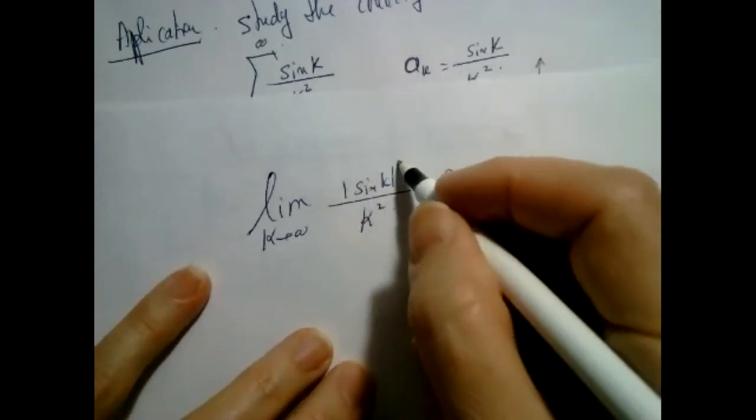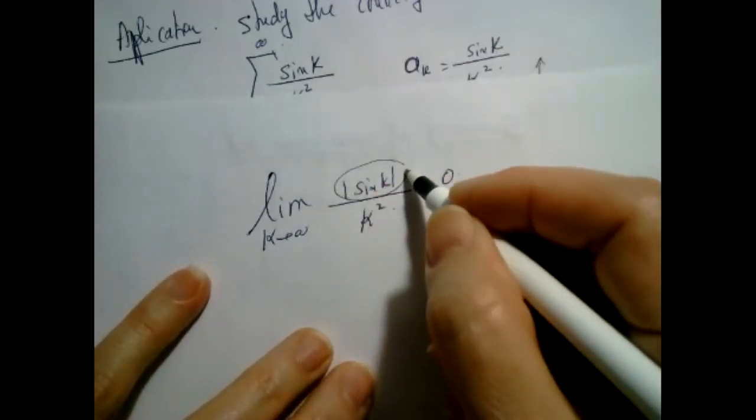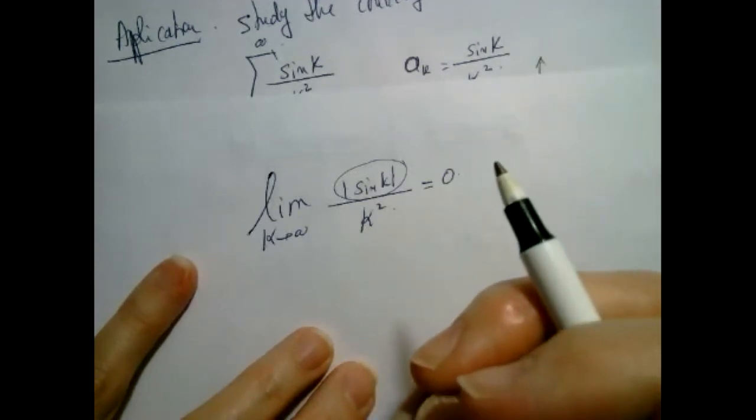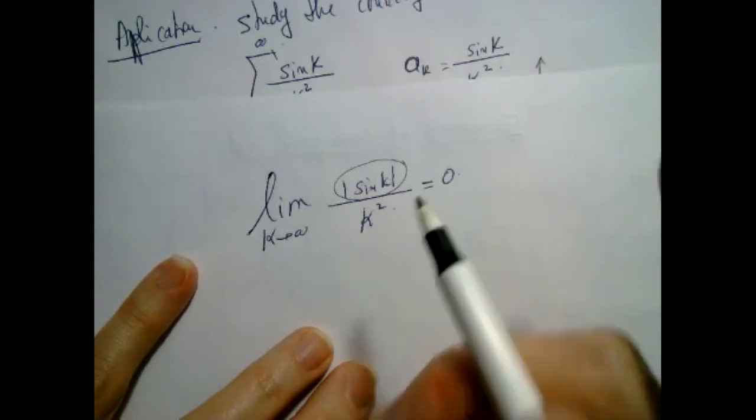So let me repeat what your classmate is saying. When k is large, what can we say about the sine of k? It's not small actually, but it's less than 1. That's crucial. It could be 1.